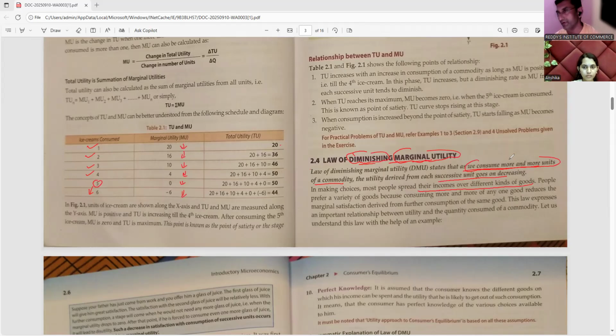Every person's choices are different. They are not spending on particular goods. They are trying to spend on different kinds of commodities, expecting more satisfaction. People prefer a variety of goods because consuming more and more of any good reduces the marginal satisfaction derived from further consumption of the same good.